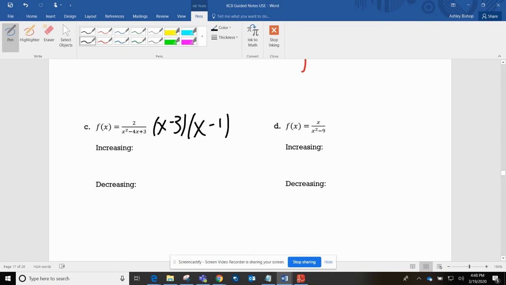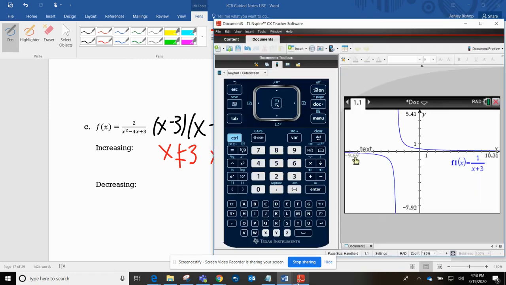So that's what I'm going to get. And then if I set those both equal to 0, I know that x cannot be 3 and x cannot be 1. So when I graph this in my calculator, I should be seeing vertical asymptotes at 3 and 1.